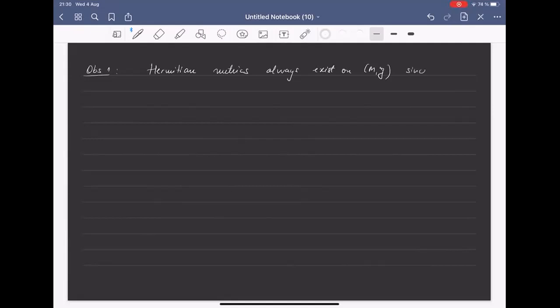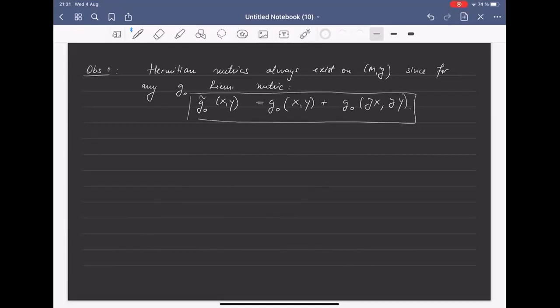For any Riemannian metric G0, we can define G0 tilde to be the metric given by G0(X, Y) plus G0(JX, JY). So this new metric G0 tilde is compatible with J, just by this definition. Okay, so this is Hermitian.